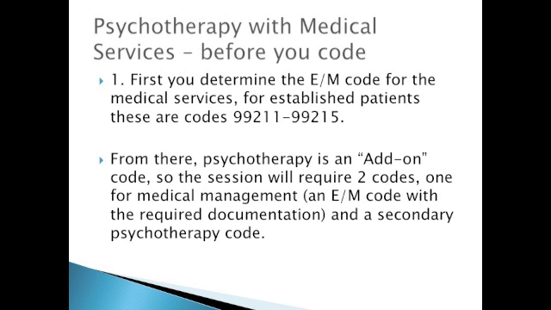From there, psychotherapy is an add-on code, and anything that's an add-on code needs a plus sign in front of it so that you're adding it on. So the session will require 2 codes, one for medical management, which will be an E&M code with all the required documentation, and a second psychotherapy code, and psychotherapy codes are not E&M codes. You are expected to document the psychotherapy and what happens, but it doesn't have specific bullet points you need to look at.